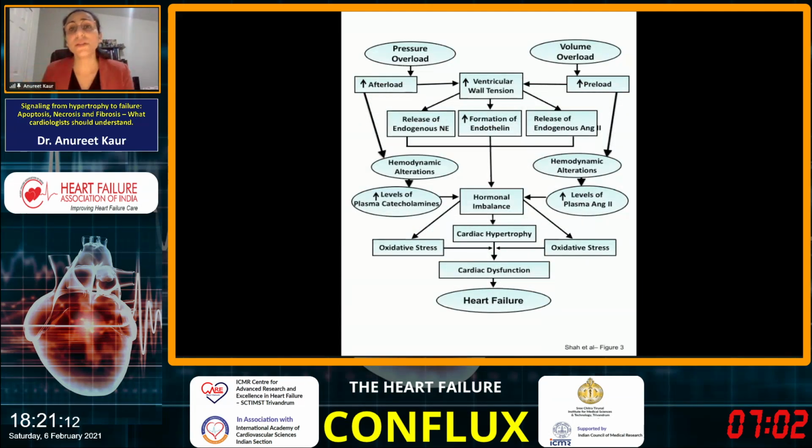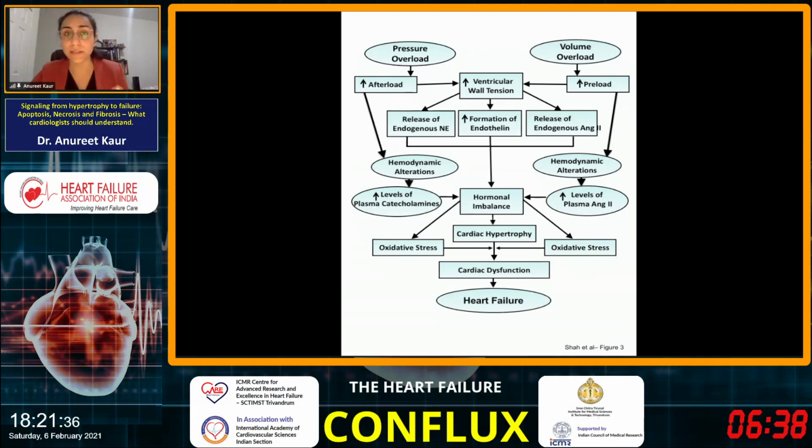To talk about another mechanism, which I mentioned in the first slide, we have pressure overload and volume overload, which, because of hypertension and valvular regurgitation, lead to ventricular wall tension again, and release of hormones. Here we have endogenous release of hormones as well as peripheral release of hormones.